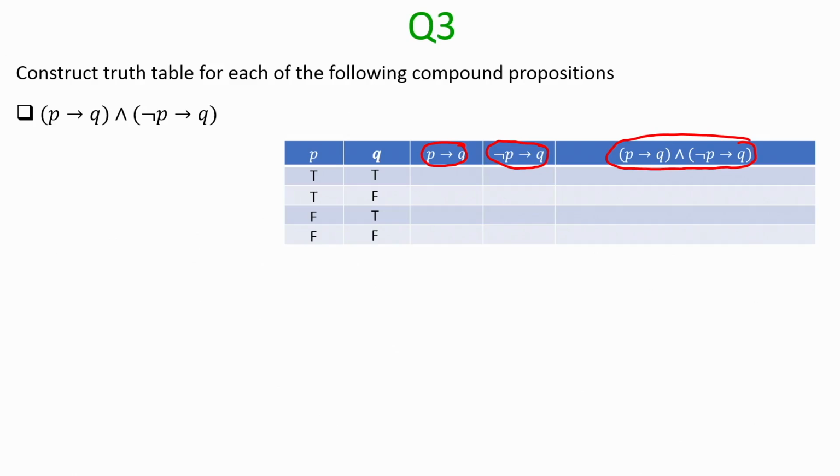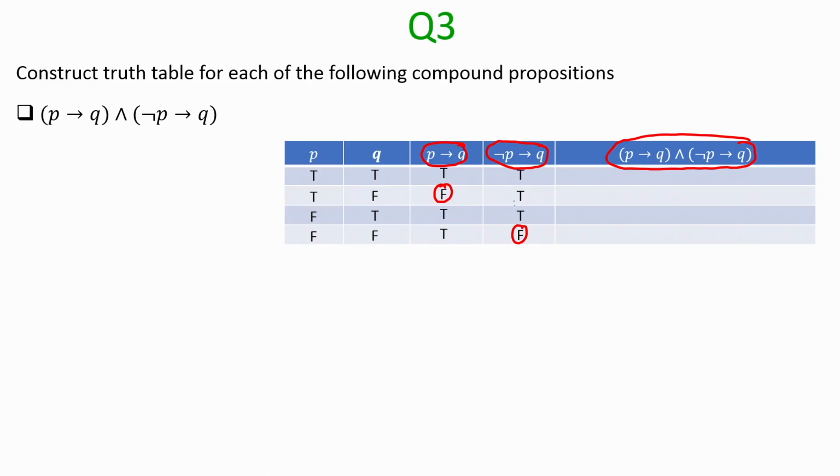Based on this, the column for P implies Q will be this. Remember, P implies Q takes the value false only when P is true and Q is false. For all other possible assignments, P implies Q is always true. Now, the next column is for negation P implies Q, and the column will take these values. Let us focus on the entry when this statement is false.